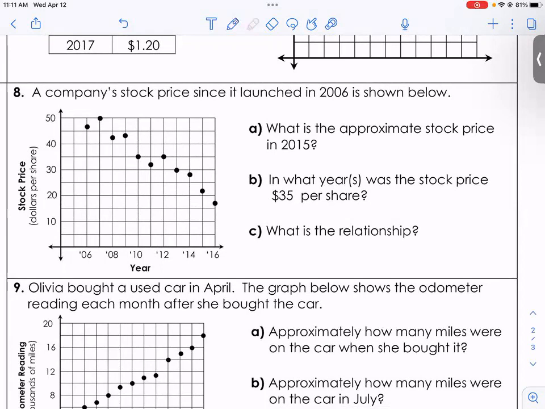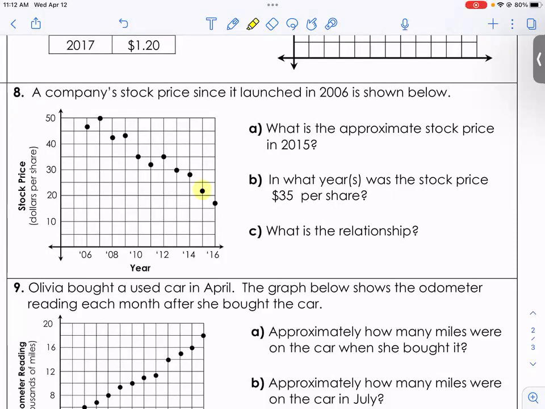Down here you see the year, and over here on the y-axis it's the dollars per share. It's the stock price. So in 2015, what is the stock price? We need to read this graph. I need to come down here to 2015. Here is the dot right here.